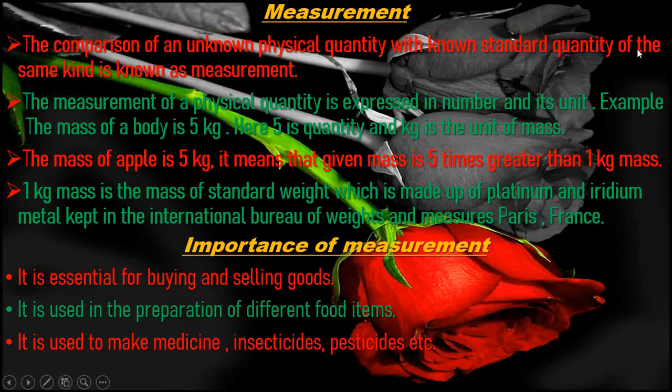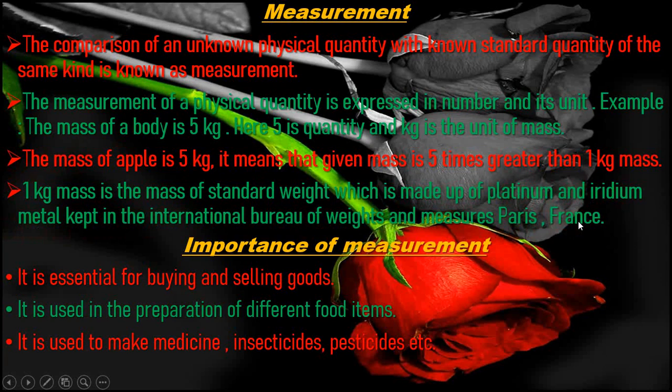So we can say that the comparison of an unknown physical quantity with a known standard quantity of the same kind is known as measurement. Here also we can see that 1 kg mass is the standard unit, which is the weight of platinum and iridium metal kept in the International Bureau of Weights and Measures, Paris, France.